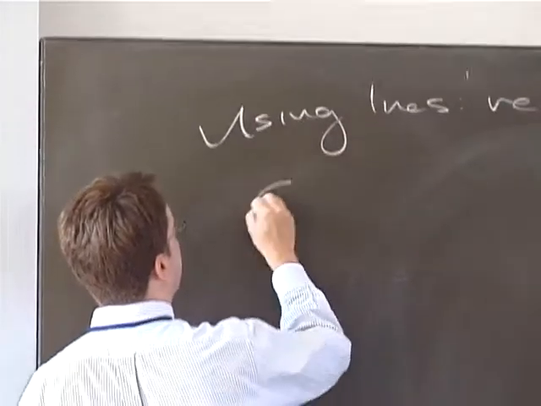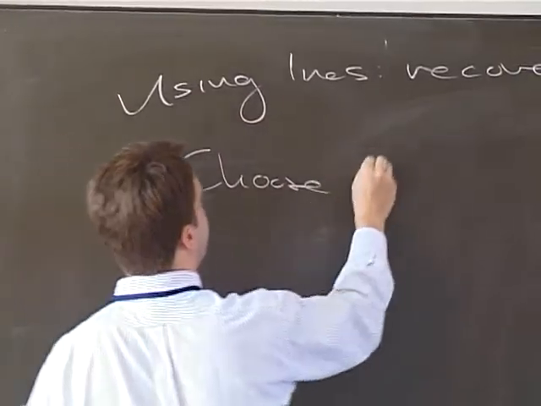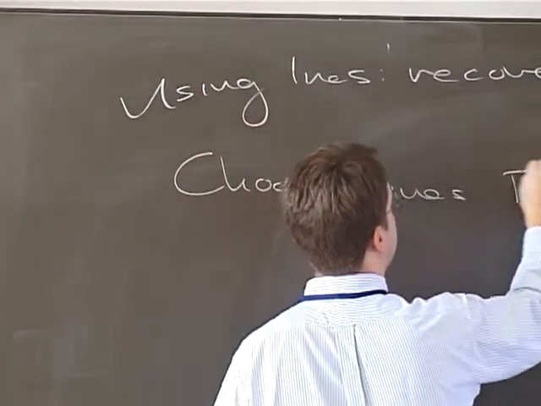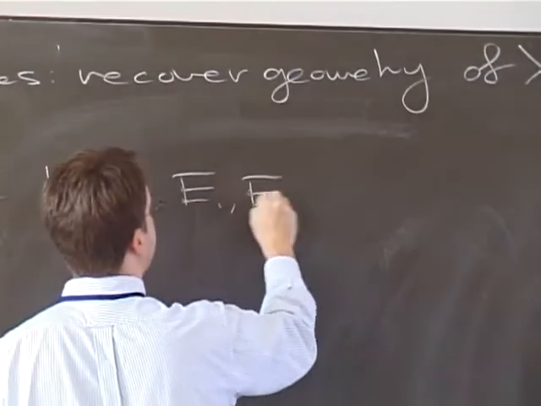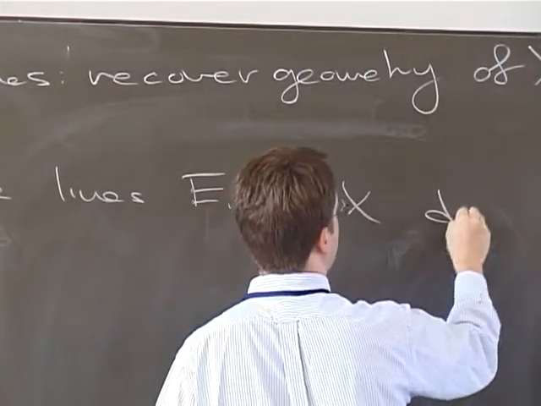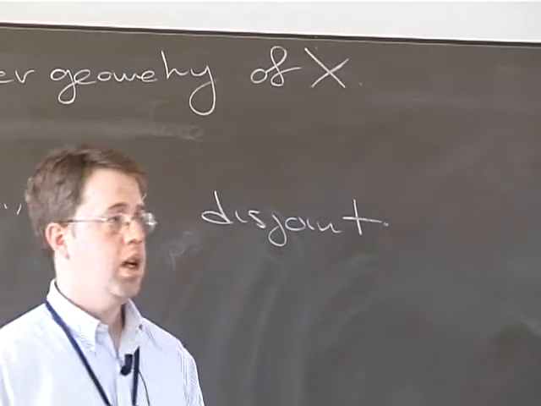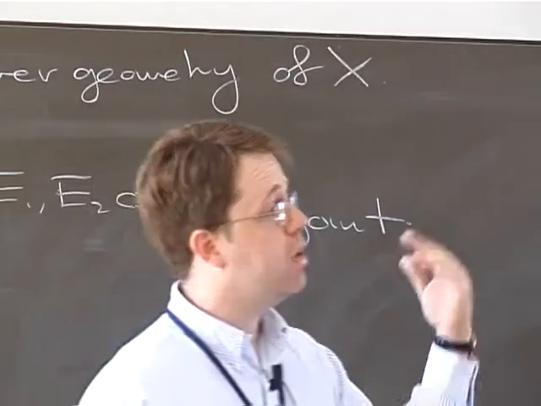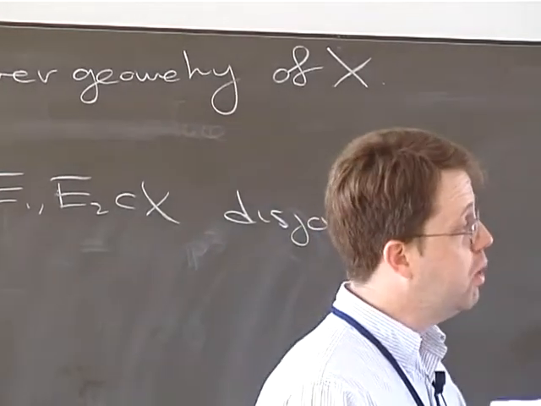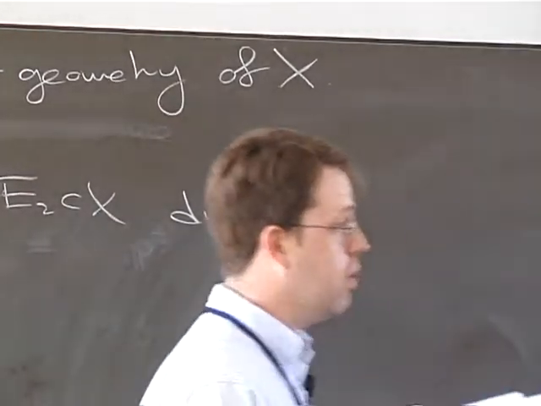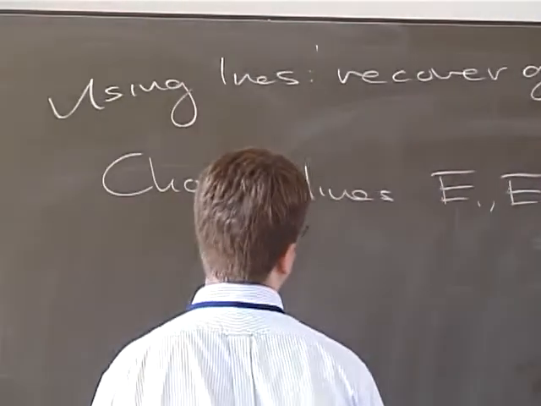So we know that we can choose lines, say E1 and E2 in X, which are disjoint. The intersection numbers don't change as I move in the family. So if I can produce 2 disjoint lines on one cubic surface, I can produce them on all cubic surfaces.